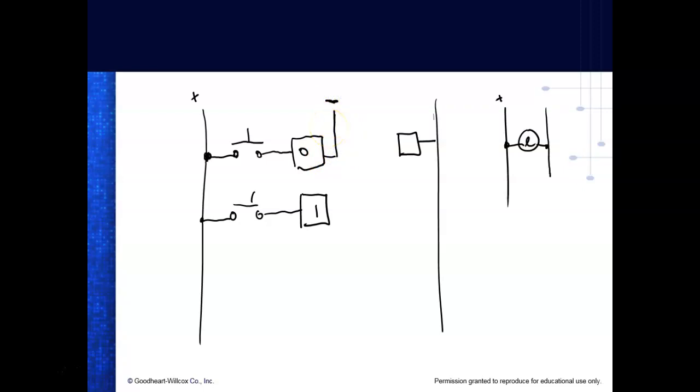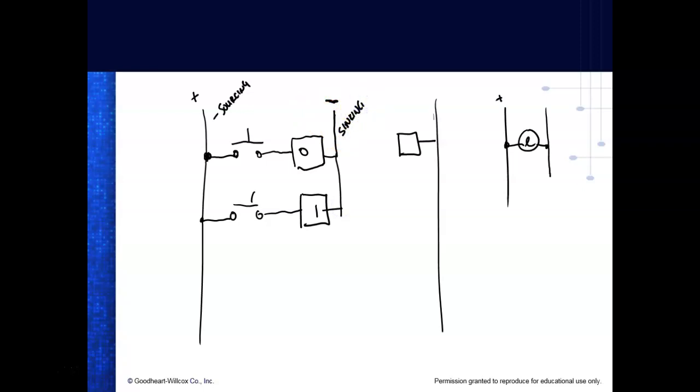Okay. Now, what this does in PLCs, this came up through digital. Anything that uses a plus as a common, we call this sourcing. And anything that uses a minus as a common, we call this syncing.